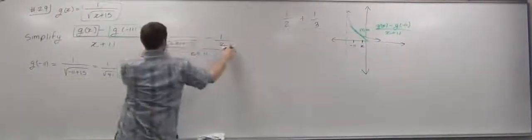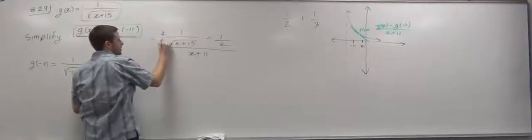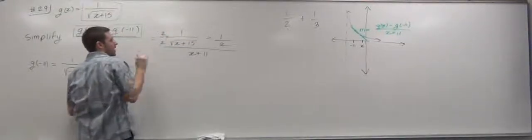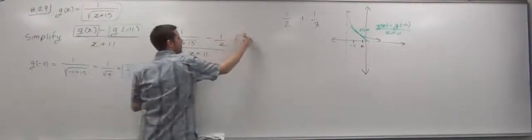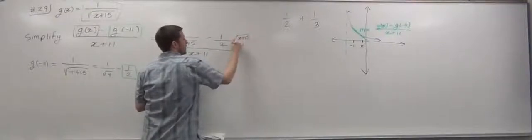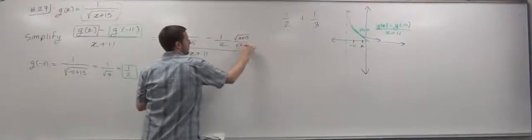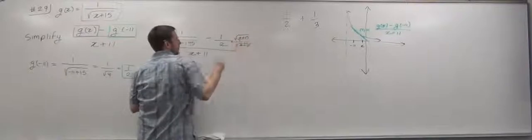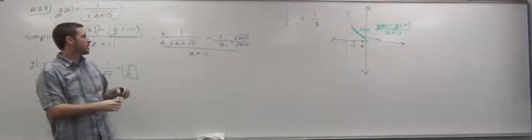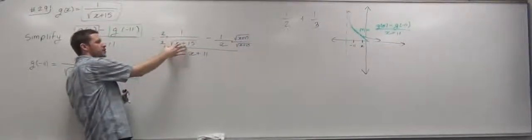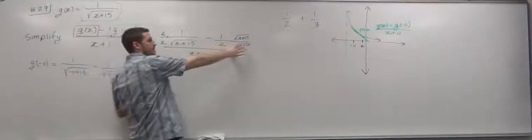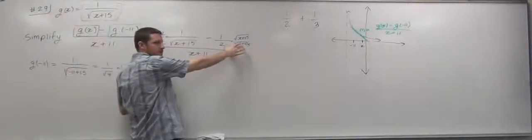So over here, to get the common denominator, I'm going to put a 2 and a 2. Multiply by that. And over here, I'm going to put a root x plus 15, root x plus 15. Now you see the denominator here is 2 root x plus 15, and the denominator here is 2 root x plus 15, so they're the same.